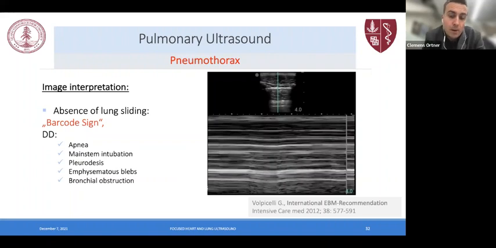That's actually how you might also diagnose it. Or if there's pleurodesis present. Also, if there are emphysematous blebs or bronchial obstructions, you might have absence of lung sliding. So what would be your next step if you see an absence of lung sliding to further diagnose a pneumothorax?